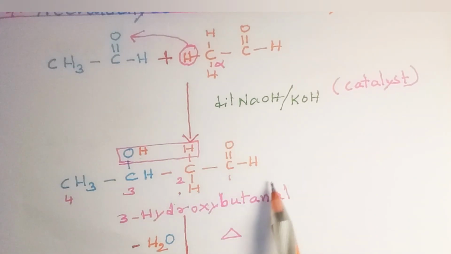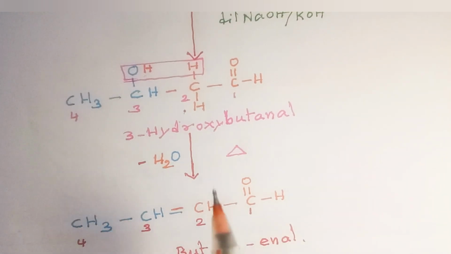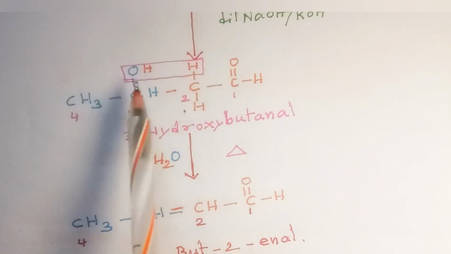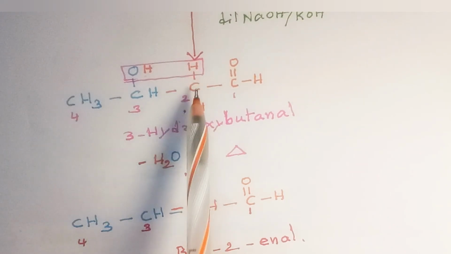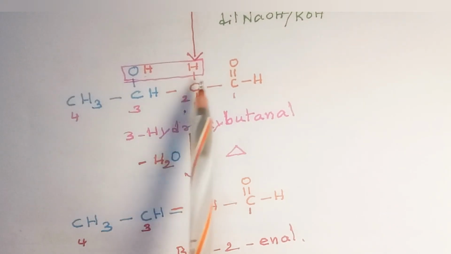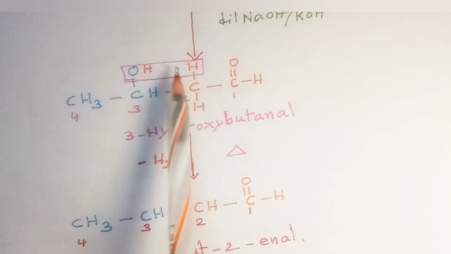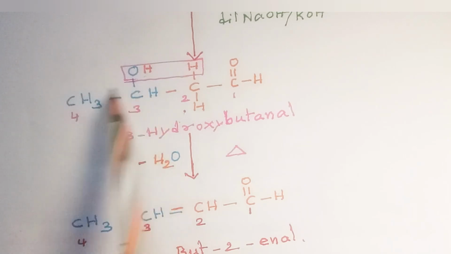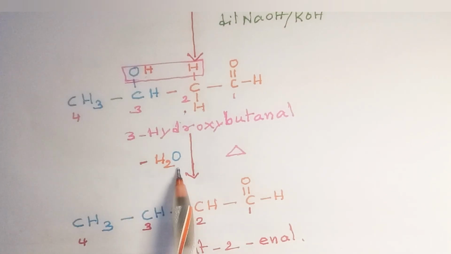This aldol will now, upon heating, give out a molecule of water to form the aldol condensation product. Now, how is water formed? When the aldol is heated, the alpha hydrogen atom of this part of the acetaldehyde will combine with the OH group of this part of the acetaldehyde, as a result of which we get H2O.